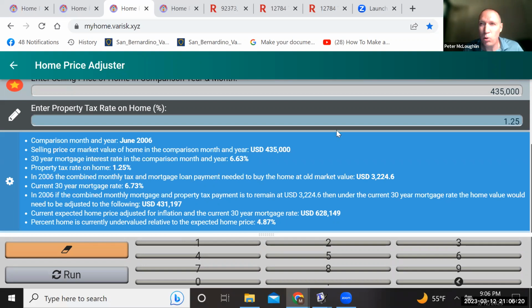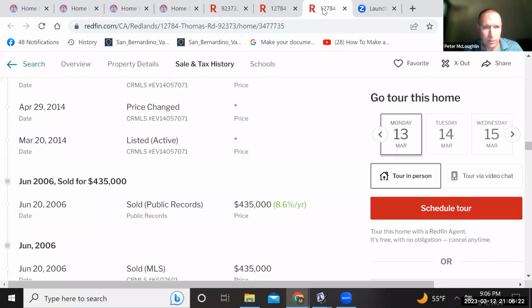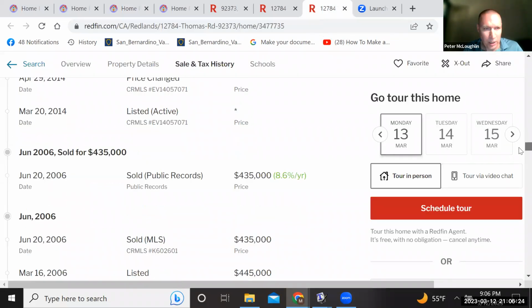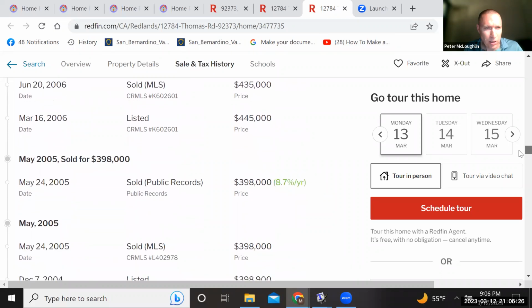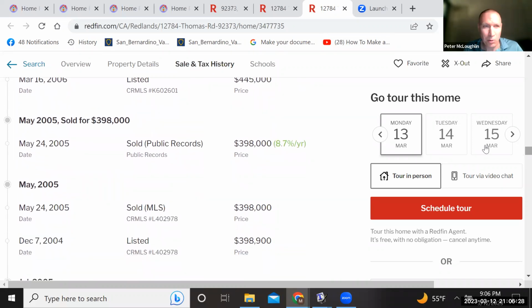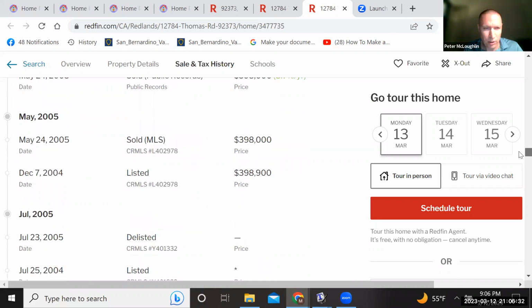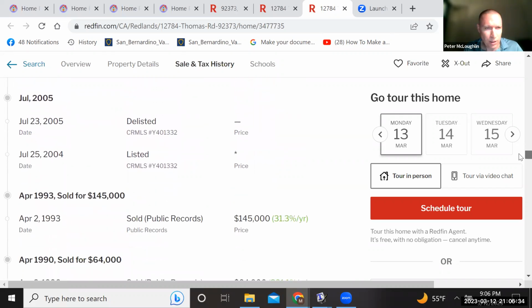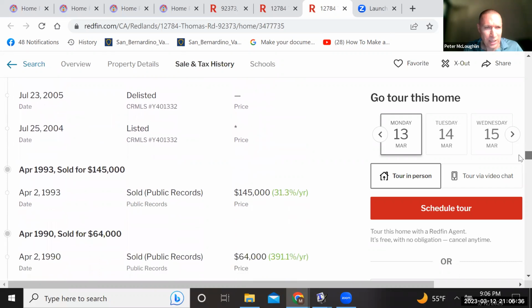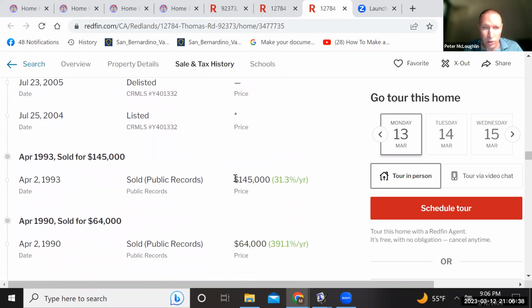Let's look at one more comparison. So go down. It sold in 2005 also, but I'm not going to use that one because that's close to the 2006 year. So let's go down further. It sold in 93, you can see here, for $145,000.